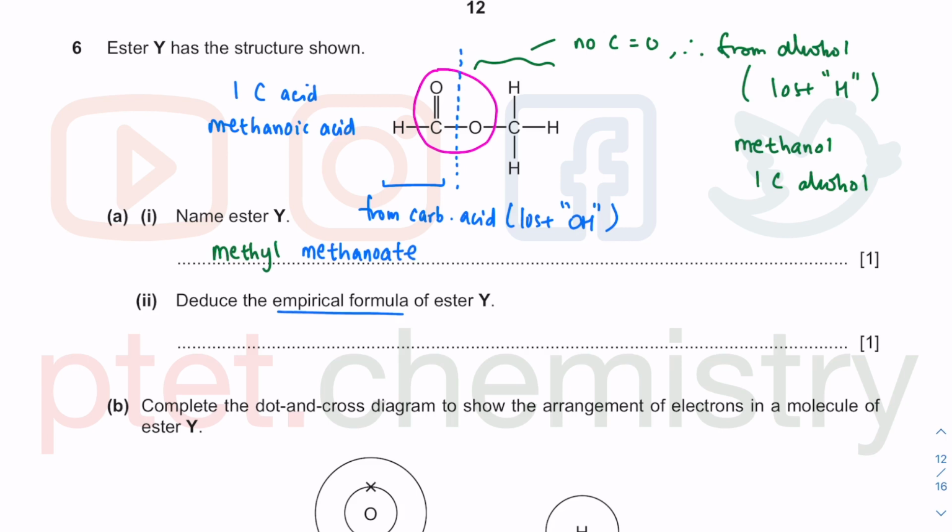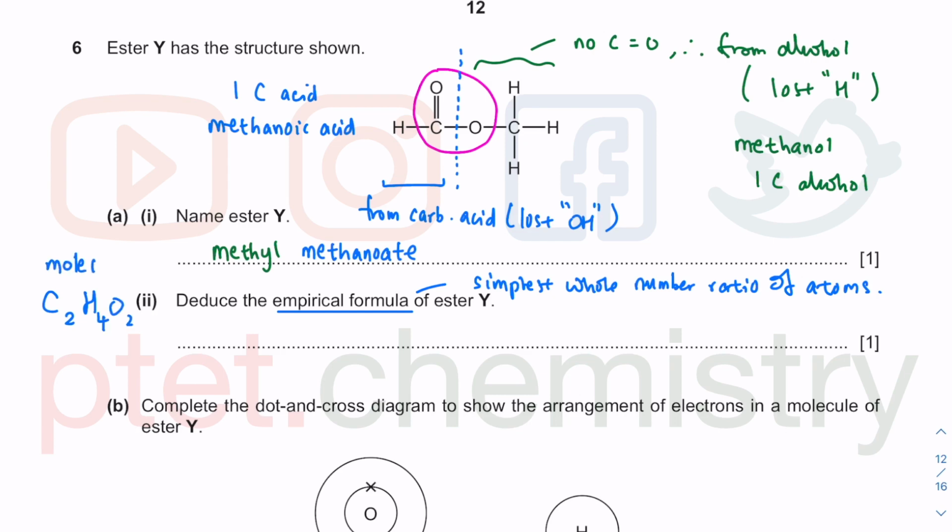Now, did you use the empirical formula? This is the simplest whole number ratio of atoms as stated in the year 9 syllabus. This is of the atoms or the ions, but here this is of the atoms. It must be in the simplest whole number ratio. If we total up the actual number of atoms, there will be C2 because there are 2 carbons, H4 because there are 4 hydrogens, and O2 for 2 oxygens.